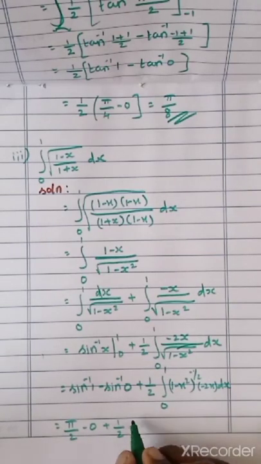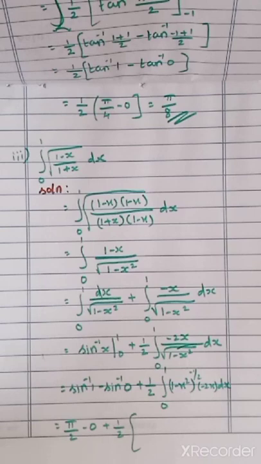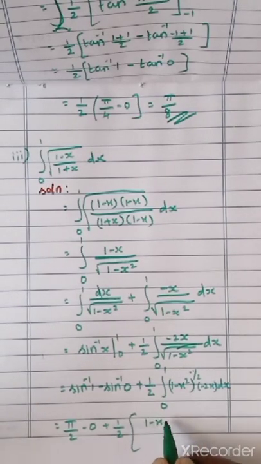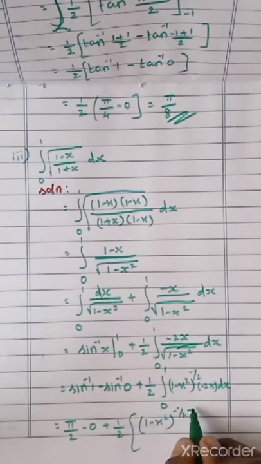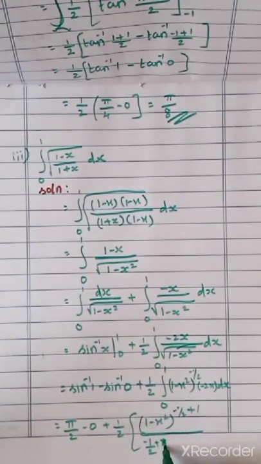Now this one is x power n. What is the integral of x power n formula? x power n plus 1 by n plus 1. Correct? So this you can write as 1 minus x square whole power minus 1 by 2 plus 1, divided by minus 1 by 2 plus 1.